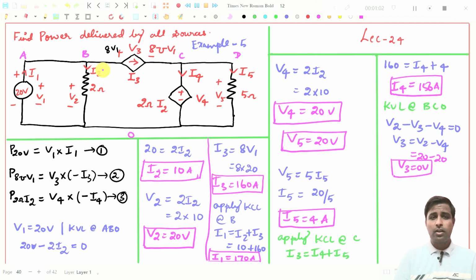So, what are the topics we have seen in the last class? In the last class, we completed the dependent sources problems, where we applied both KCL and KVL in the same problem. We would have got clarity about applying KVL and KCL, what dependent sources are, and how to approach dependent sources problems.